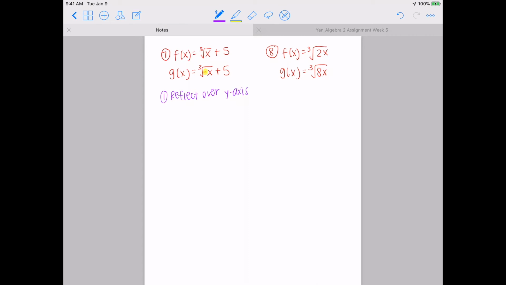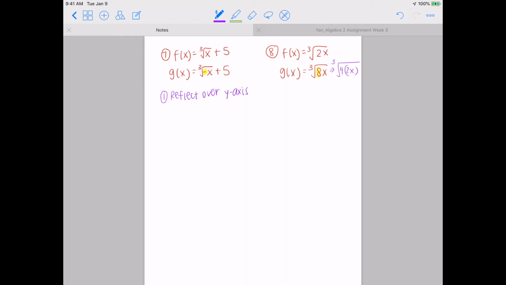Number 8 looks almost the same, but we went from a 2 to 8. How do we go from 2 to 8? What do we multiply inside? Originally it was 2x, so we actually multiplied by 4.